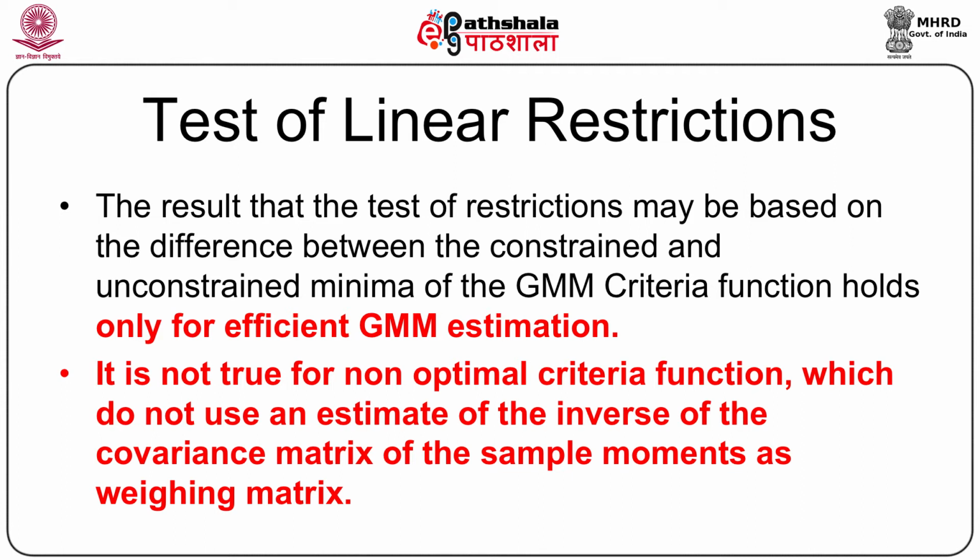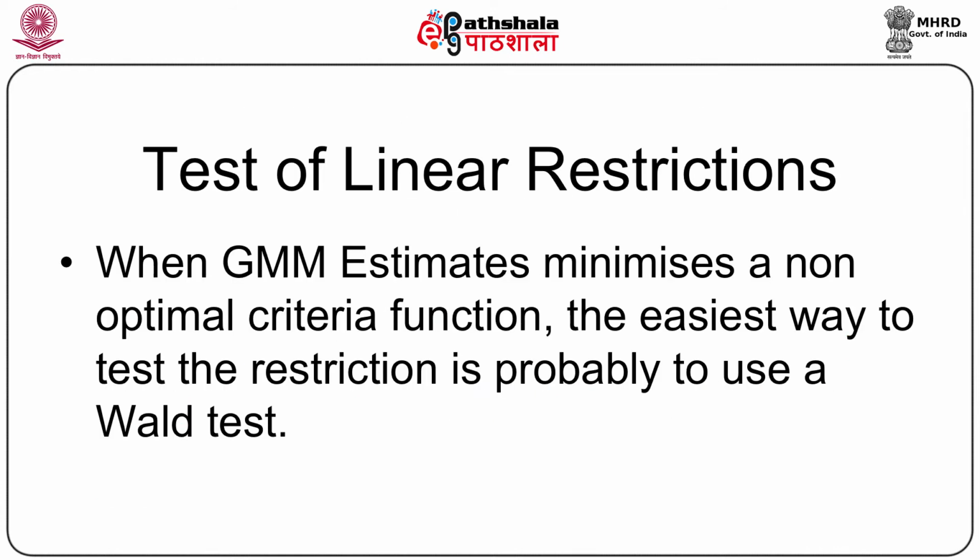So if you use a non-optimal criteria function, then the above result will not hold. Now when the GMM estimate minimizes a non-optimal criteria function, the easiest way to test the restriction is probably by using a Wald test.